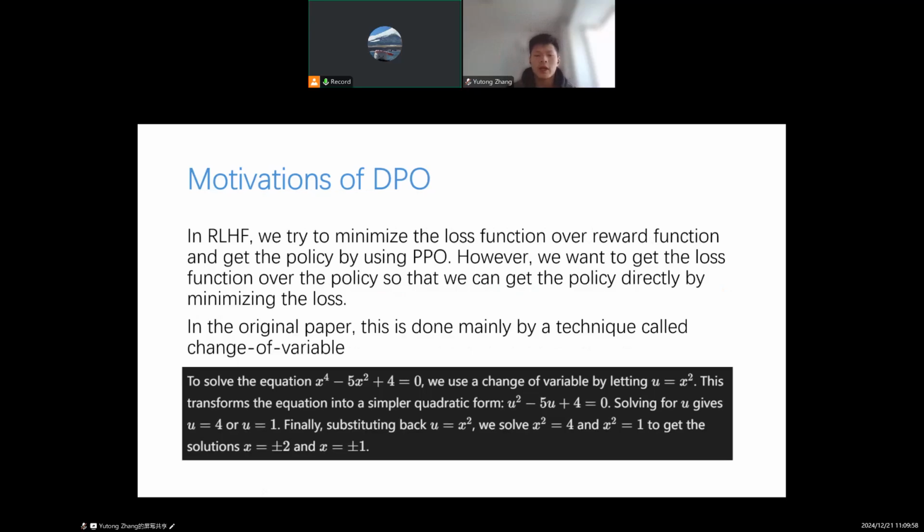We want to design a simpler algorithm to train our model and align our model to human goals. So the motivation of it is very simple, which is called the change of variable. So this is an example generated by ChatGPT, and maybe many of you have learned it in primary school, and I think it's very simple.